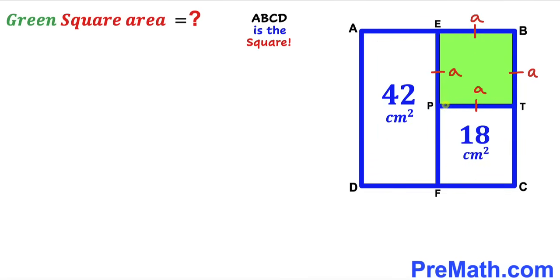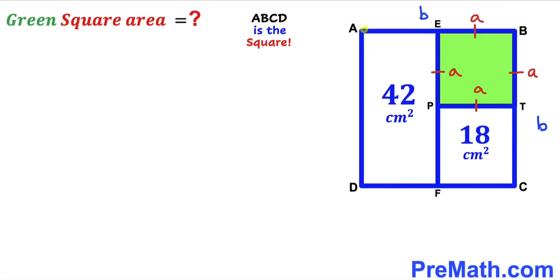Since we are dealing with a square, this side is going to be equal to this side. I'm going to label this AB side as lowercase b. Then this BC side is going to be lowercase b as well.